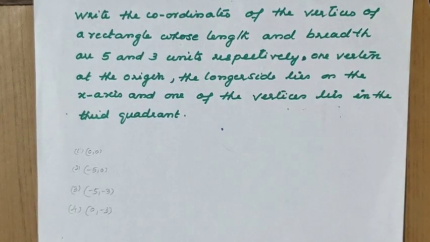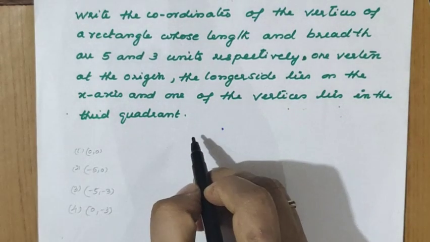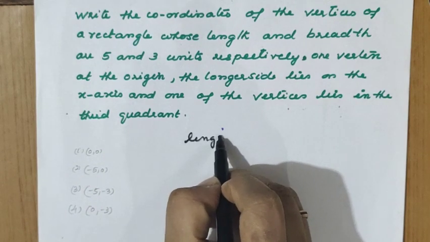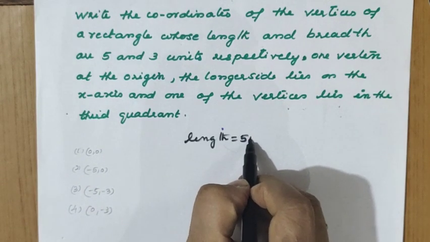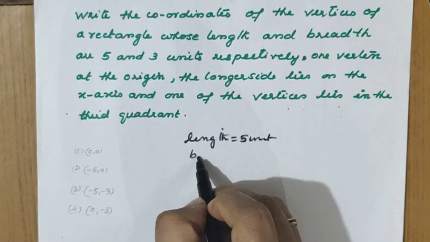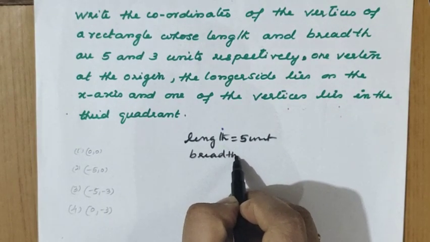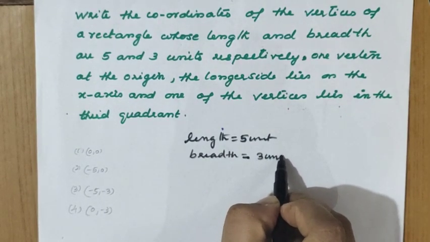Write the coordinates of the vertices of a rectangle whose length and breadth are 5 and 3 units respectively. One vertex is at the origin, the longer side lies on the x-axis, and one of the vertices lies in the third quadrant. So the rectangle's length is equal to 5, and breadth is equal to 3 units.